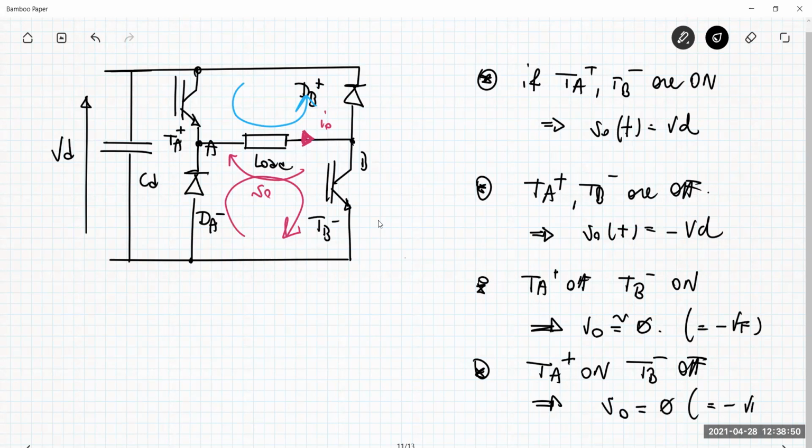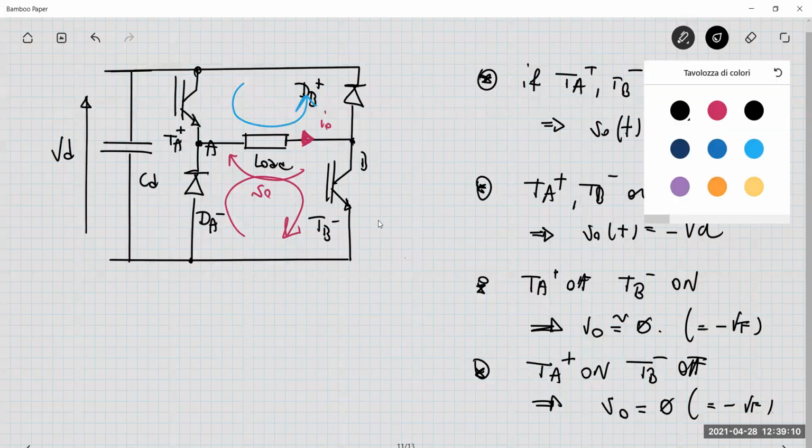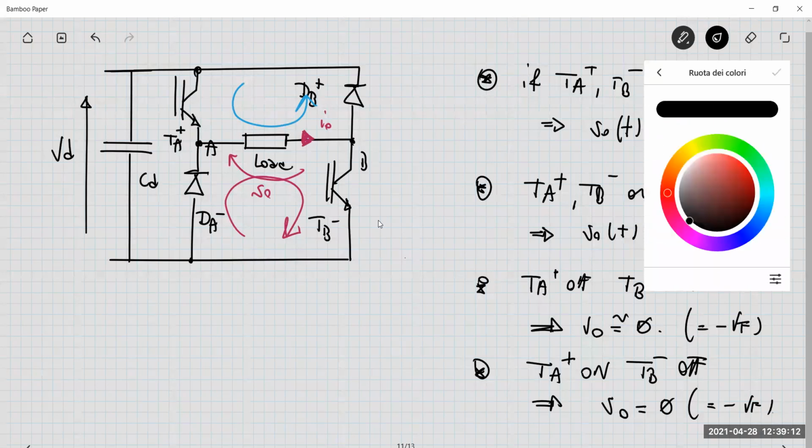Basically, it's negative VF. Okay, so this is a two-quadrant converter having a current which is only positive, so I get just one quadrant for the current, but I have the bidirectionality in the voltage. Now here I put a generic load.